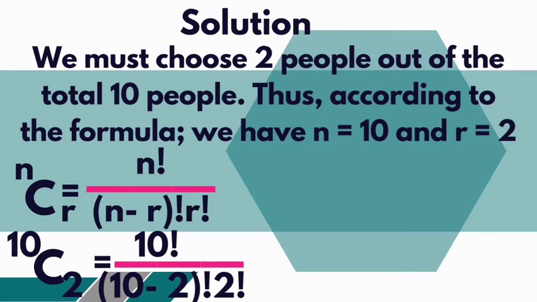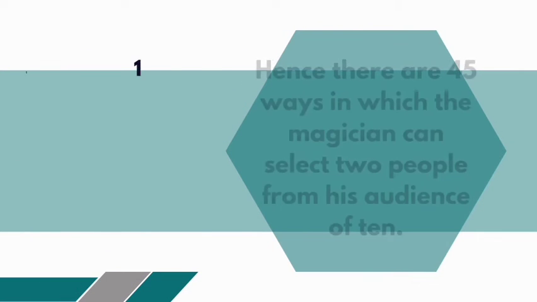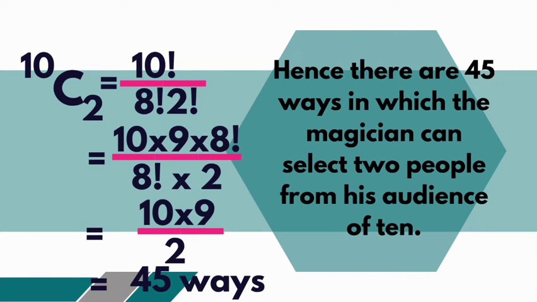Don't forget that n combination r is n factorial over n minus r factorial times r factorial. Therefore, we have 10 factorial all over 10 minus 2 factorial times 2 factorial. 10 combination 2 is equal to 10 factorial over 8 factorial times 2 factorial. 8 factorial is gotten from 10 minus 2 factorial.